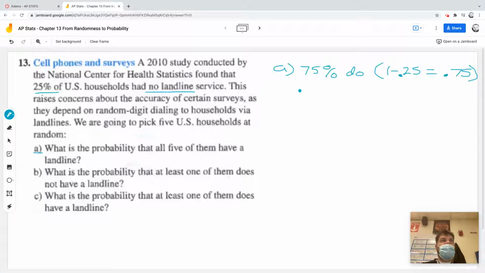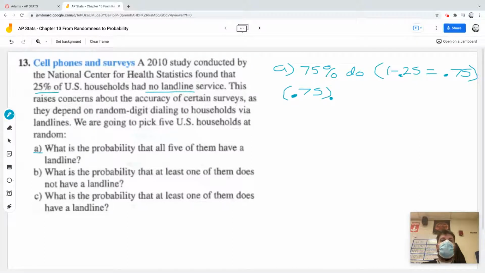So how do I figure out what that is? Here's where you've got to think about this. To find the probability of this, I know that I'm going to do something with 0.75. That's the probability that when I draw one person, I've got a 75% chance of getting that person with the landline.